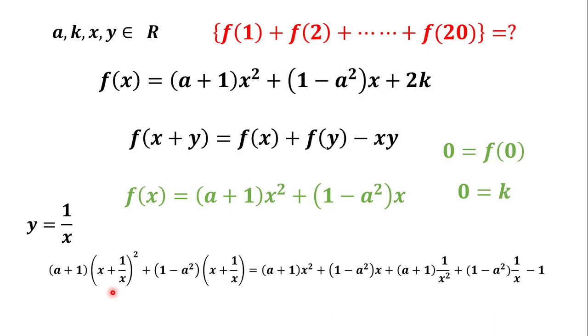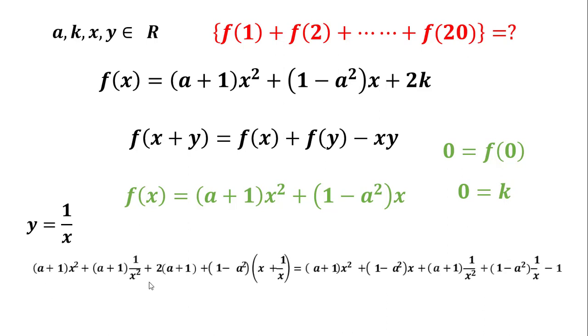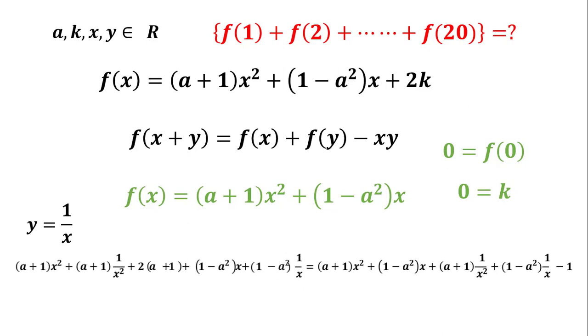and by multiplying these terms by a plus 1 we get this expression, and 1 minus a squared times x plus 1 over x equals 1 minus a squared times x plus 1 minus a squared times 1 over x.